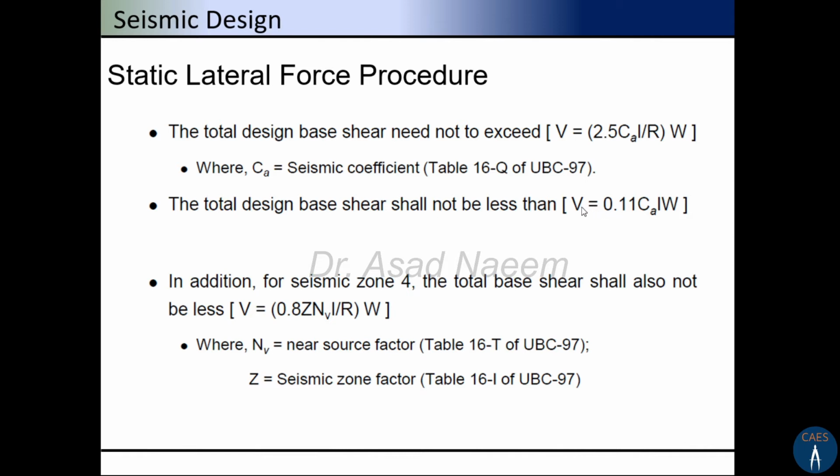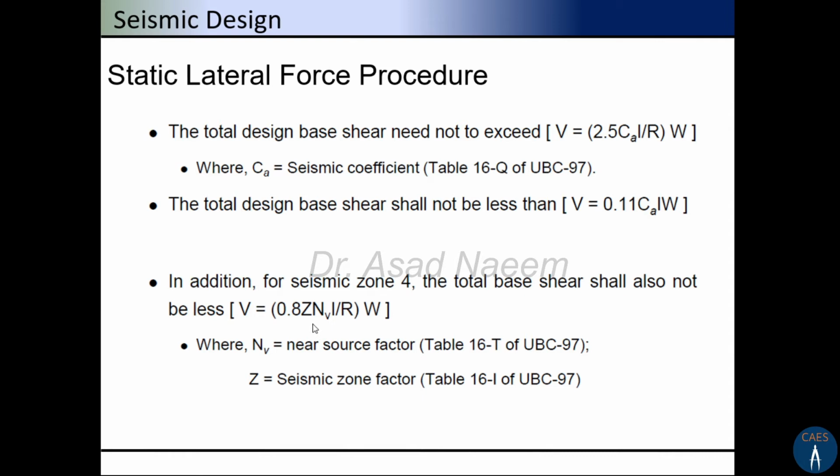In addition to these two limitations, for seismic zone 4 there is a special provision for the minimum base shear, and this is 0.8 into Z into Nv into I divided by R into W. These two factors, Z and Nv, are basically the zone effect of the site incorporated in the formula, and this is especially for seismic zone 4, that the minimum base shear should not be less than this one.